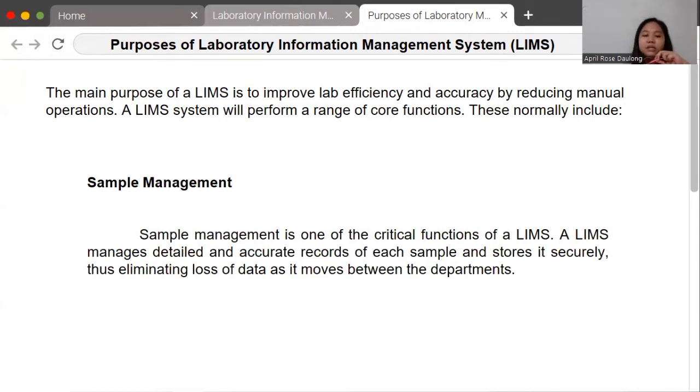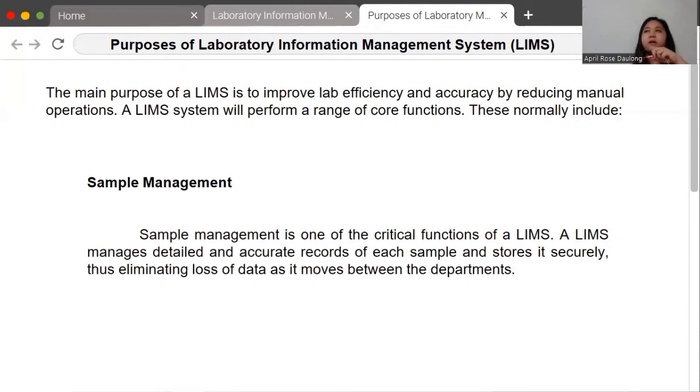A LIMS manages detailed and accurate records of each sample and stores it securely, thus eliminating loss of data as it moves between departments. This way, it reduces the risk of samples becoming lost, contaminated, or expiring.